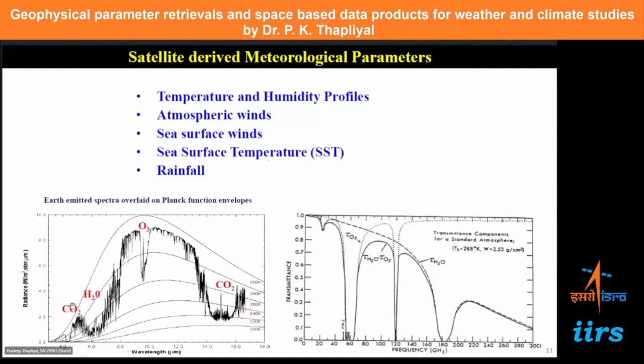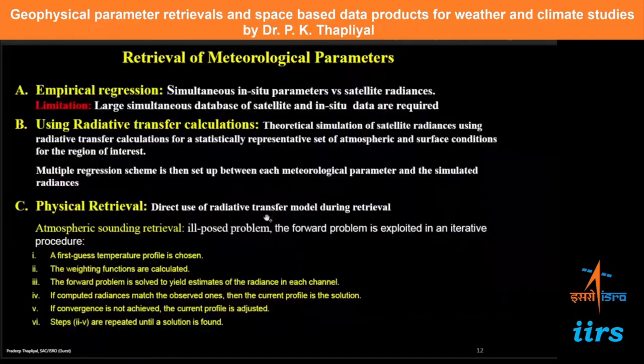So you can see here CO2 is absorbing around 4 micrometer. Water vapor in the atmosphere is absorbing around 6 micrometer. This is for ozone around 9.8 micrometer. CO2 from 15 micrometer. And this I already discussed, various absorption lines or absorption bands in the microwave regions. Now we will start one by one.